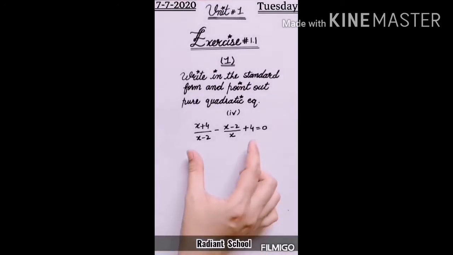Okay students, now I have taken the difficult part number 4. As you can see here, there are fractions involved, so first of all we have to simplify the given expression.